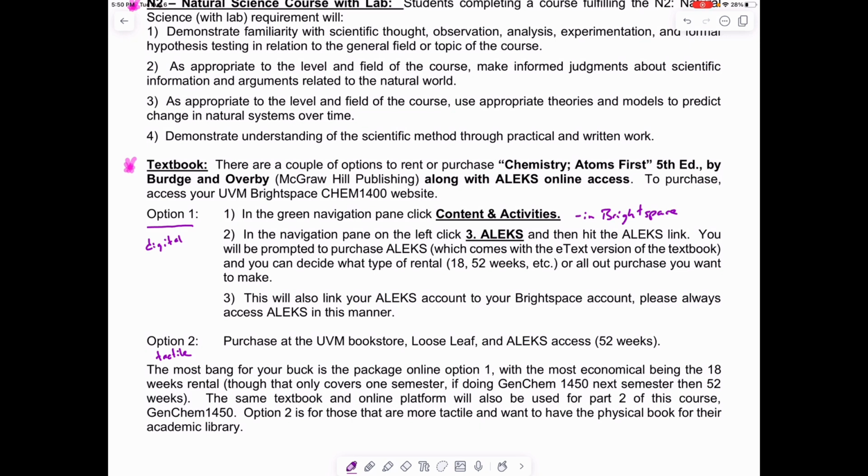You would follow the same route to get Alex as we see above, but you would then already have a code to plug in. So you would have that code provided within the bookstore package.